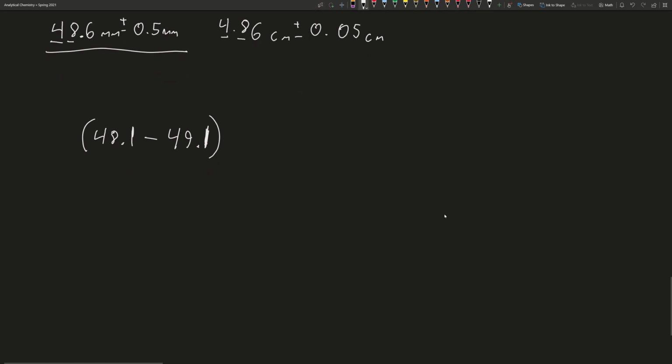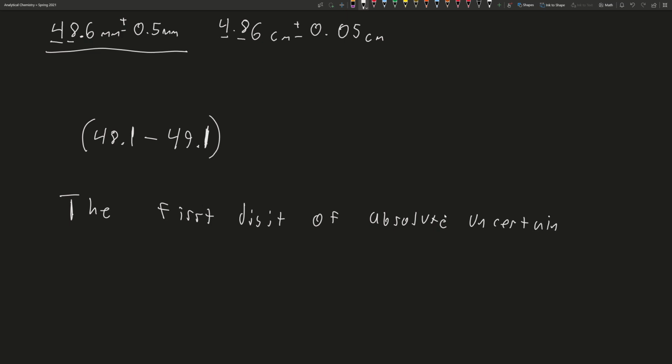And what this rule states is the first digit of absolute uncertainty is the last significant digit in the answer.